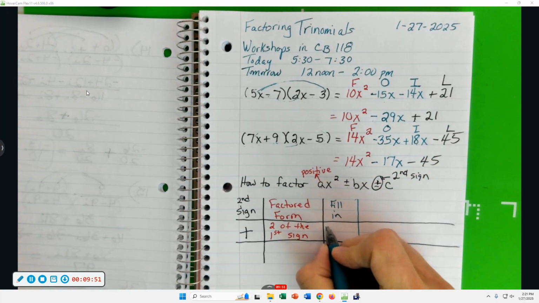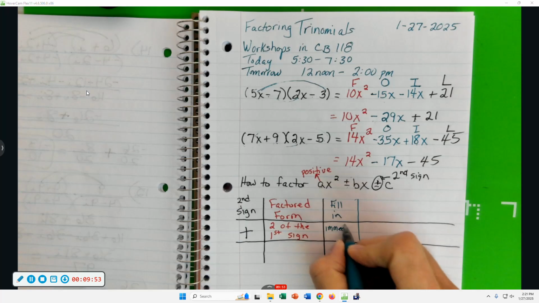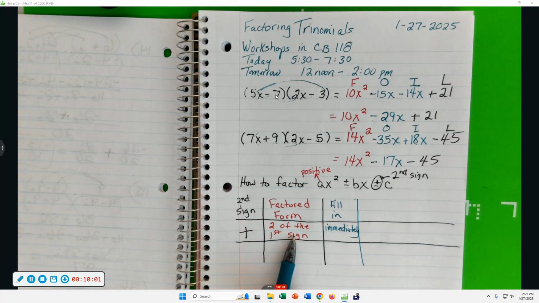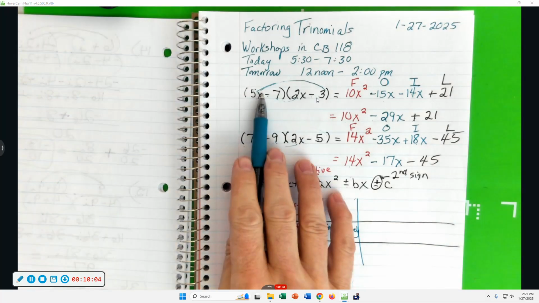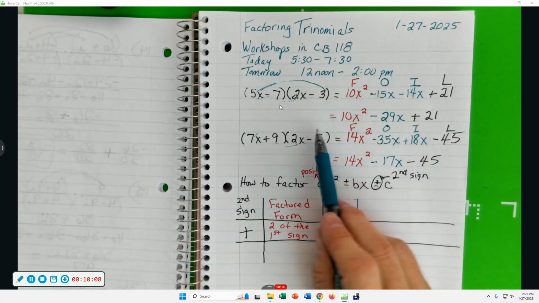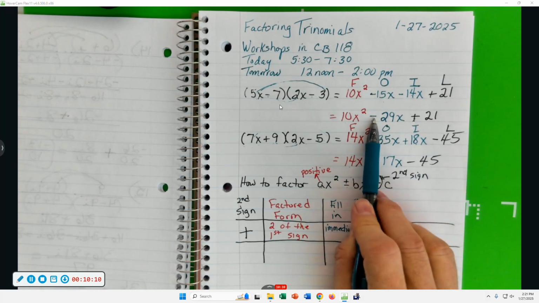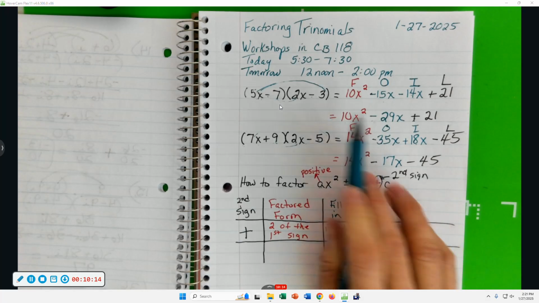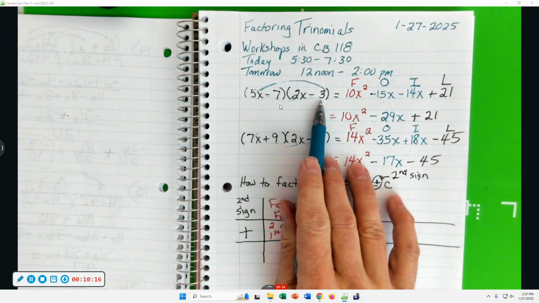If the second sign is plus, you have 2 of the first sign, and I'll fill those in immediately because I know what they are. If I were factoring this, second sign is plus, 2 of the first sign, so put minus and minus. That's the first thing I would write in the parentheses.